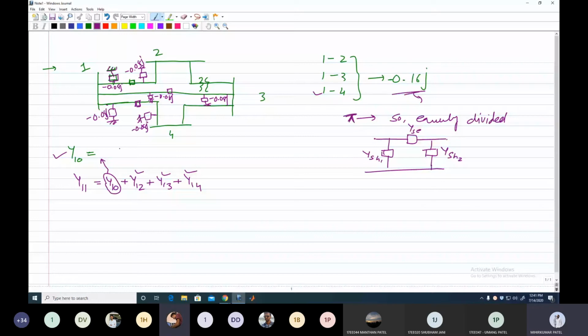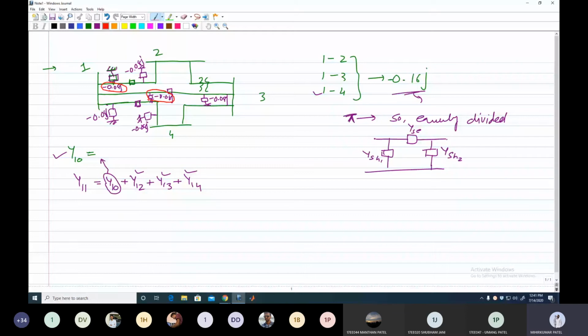Yes, 0.16. Then another answer, minus 0.24. Yes, very good. See, it is the total: 0.08 plus 0.08 plus 0.08. That means this is 0.24. This is bus 1, the summation of all total shunt admittance.